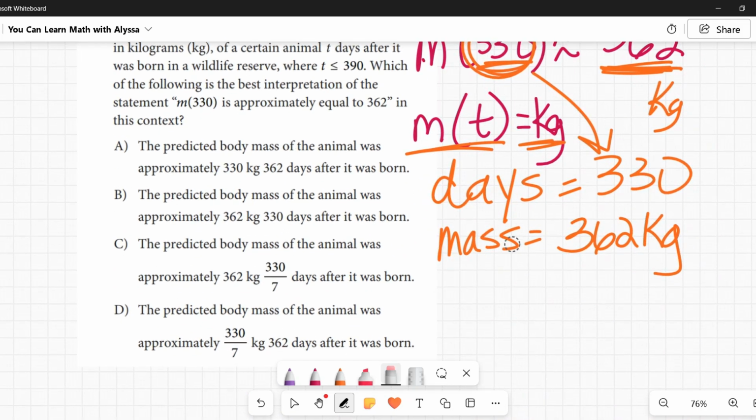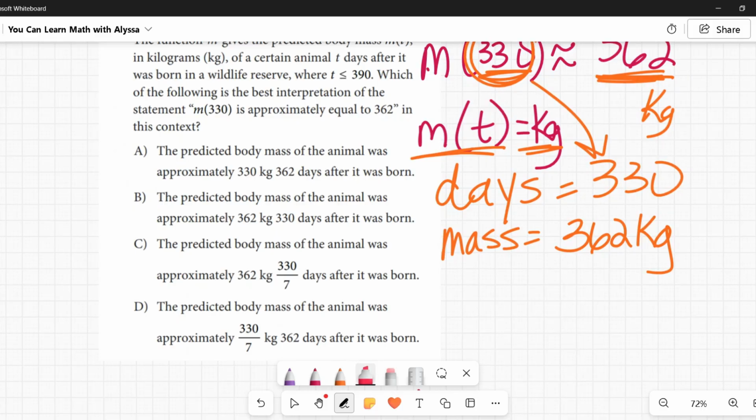So let's look at which of these answers represents that. Here, the predicted body mass of the animal was approximately 333 kilograms, 362 days after it was born. It's flipped, so that one's out. They've reversed them. Probably the reverse of that, B, is going to be our answer. Let's read it to be careful and be sure. The predicted body mass of the animal was approximately 362 kilograms, 330 days after it was born.